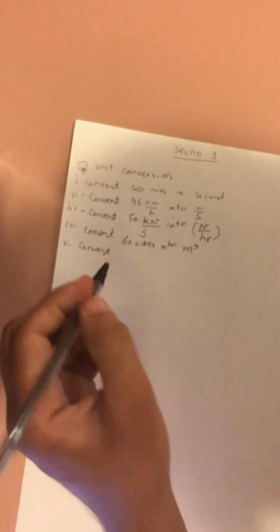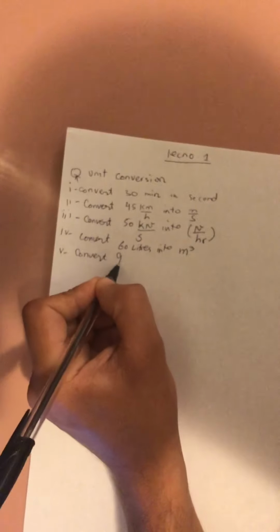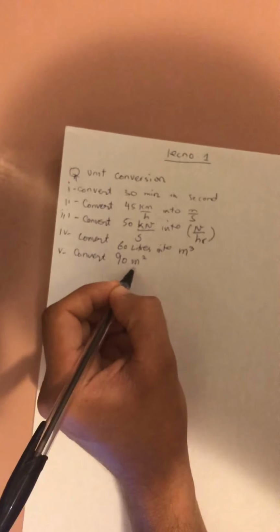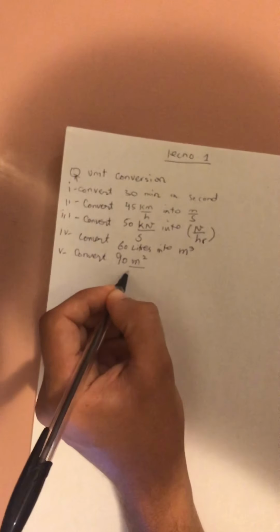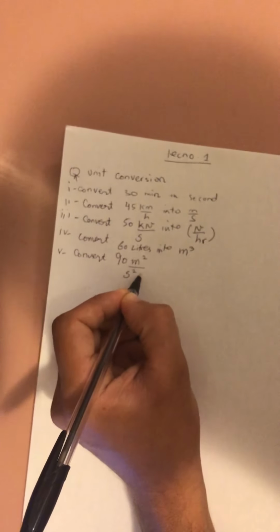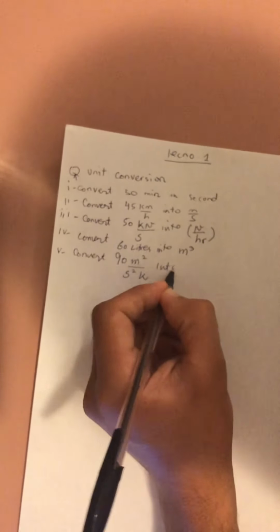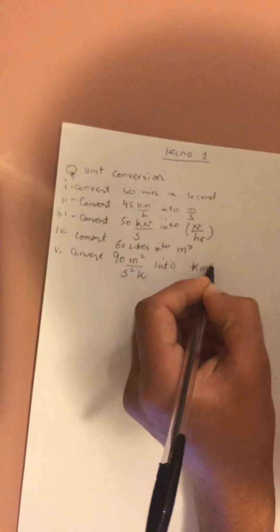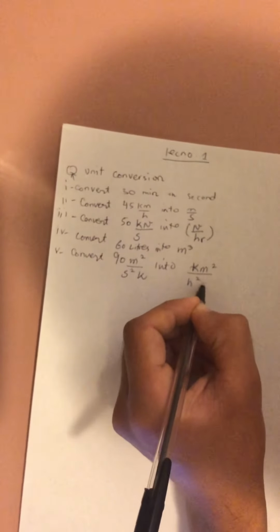Convert 90 meter square per second square Kelvin into kilometer square per hour square Kelvin. So these are the first questions.